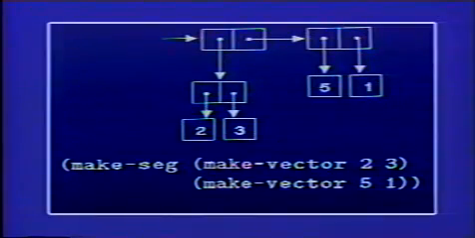We'd say, well, that's a pair. Here's the segment. Its car pointer is a pair. And its cdr is also a pair. And then what the car is, that itself is a pair of 2 and 3. And similarly, the cdr is a pair of 5 and 1.